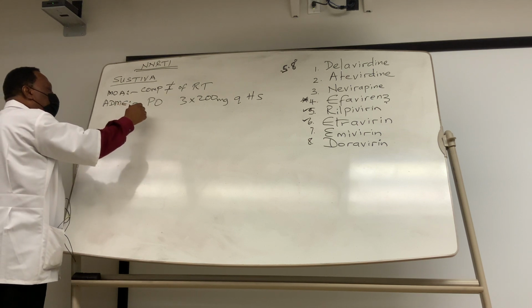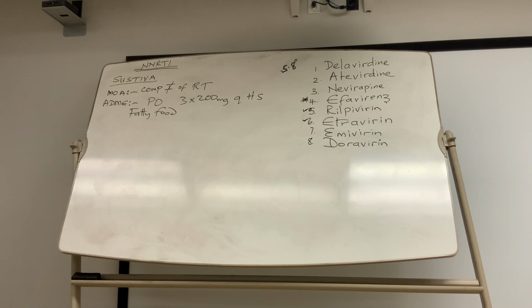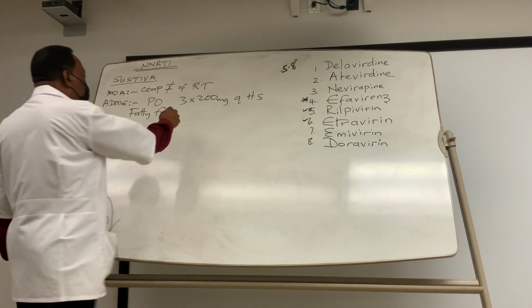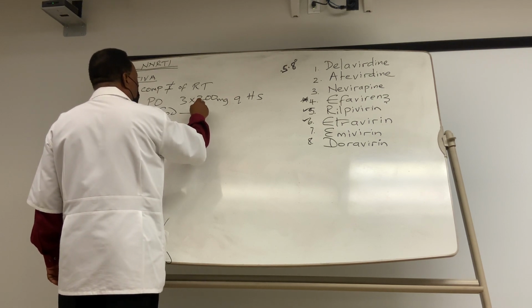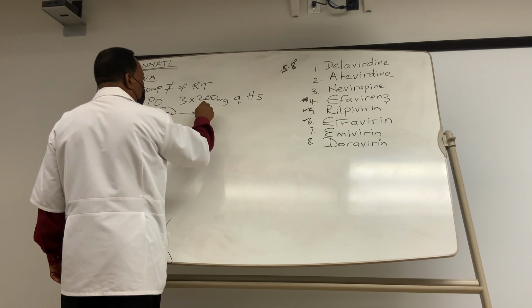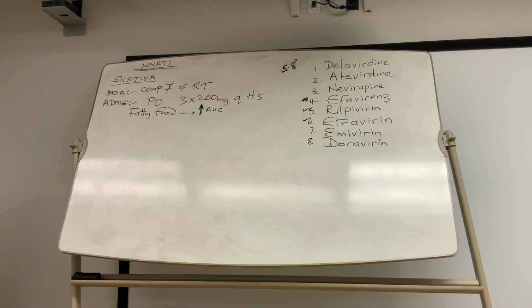Fatty food can increase the AUC of your efavirenz. So, if you're following the effects of fatty food, if you start off with your Zovirax, that is acyclovir, the purine agent or the purine representative, you know that fatty food will have no effect.